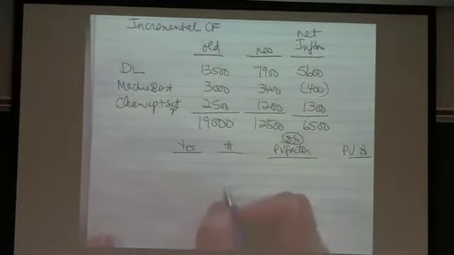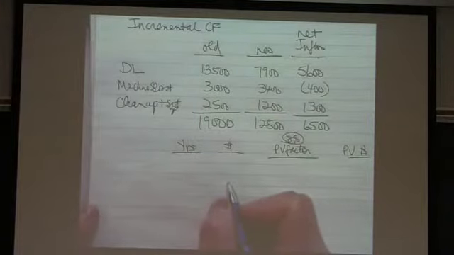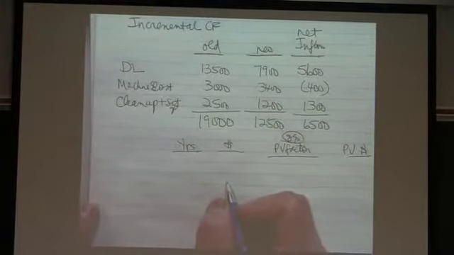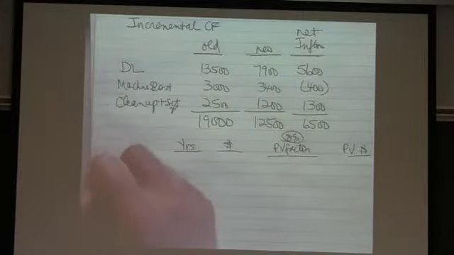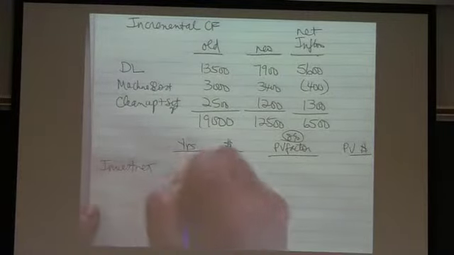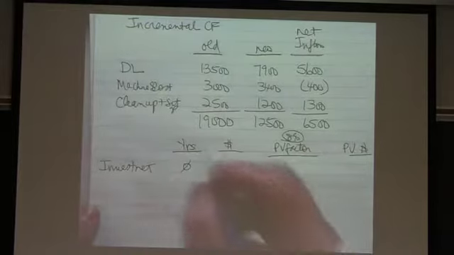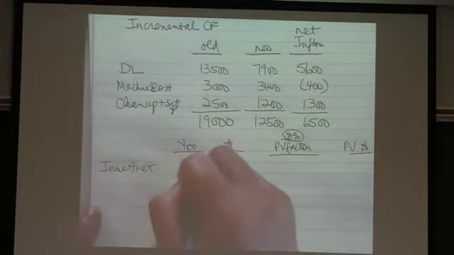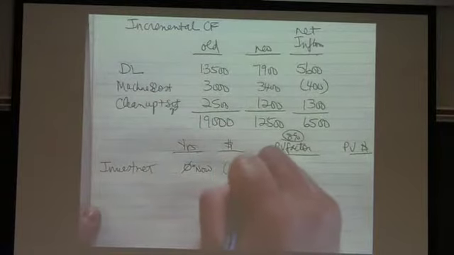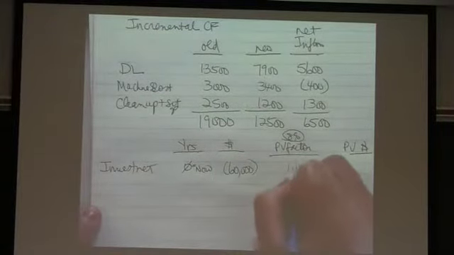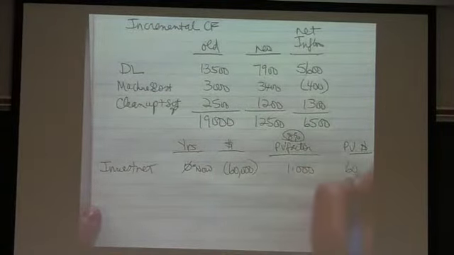So the first thing is we're going to get an investment. How much is this going to cost us? 60,000. So that's time 0, which is now. So I call it 0 equals now. And it's minus 60. The present value factor is going to be 1 because it's today.